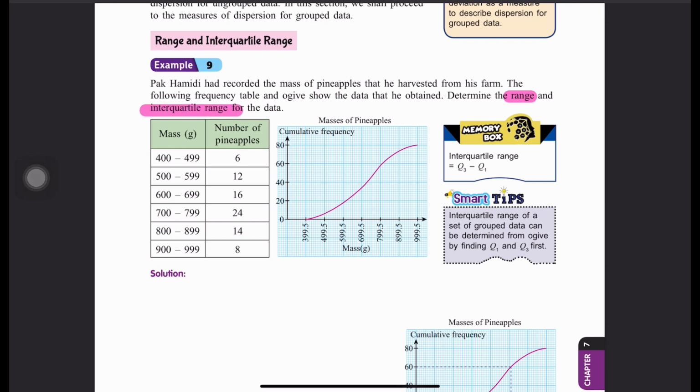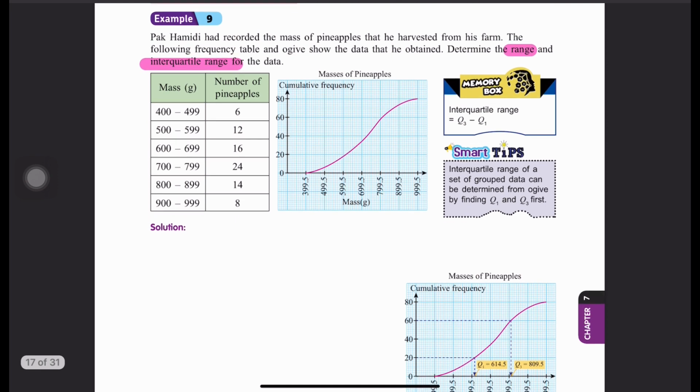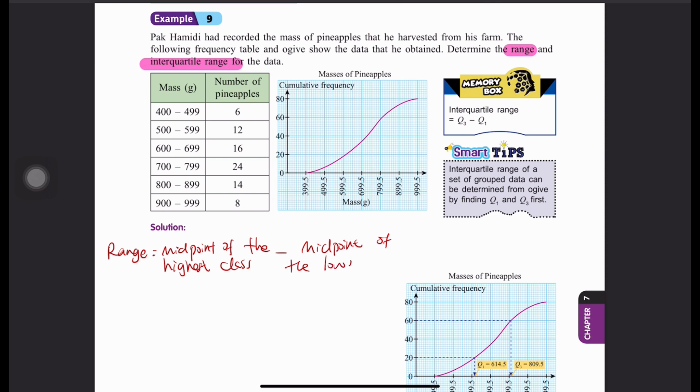So how do we calculate range? Range is the midpoint of the highest class minus the midpoint of the lowest class.